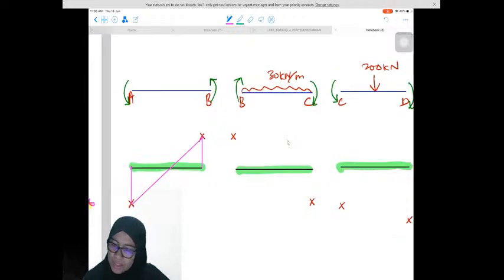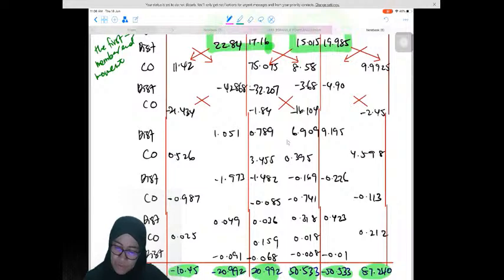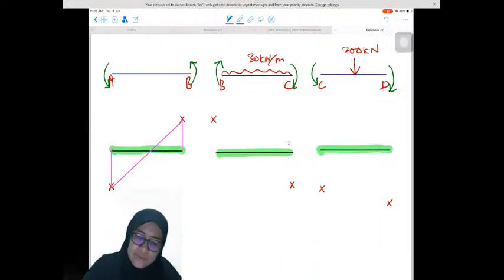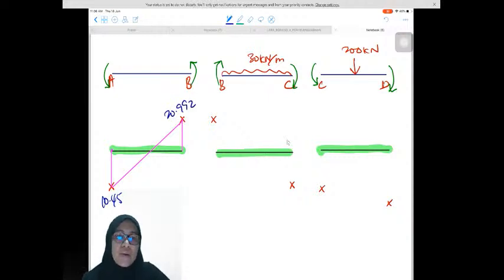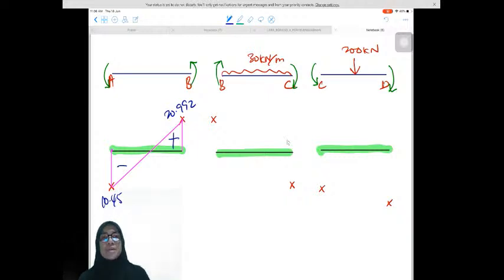The values are 10.45 and 20.992. 10 is negative, 20 is positive.